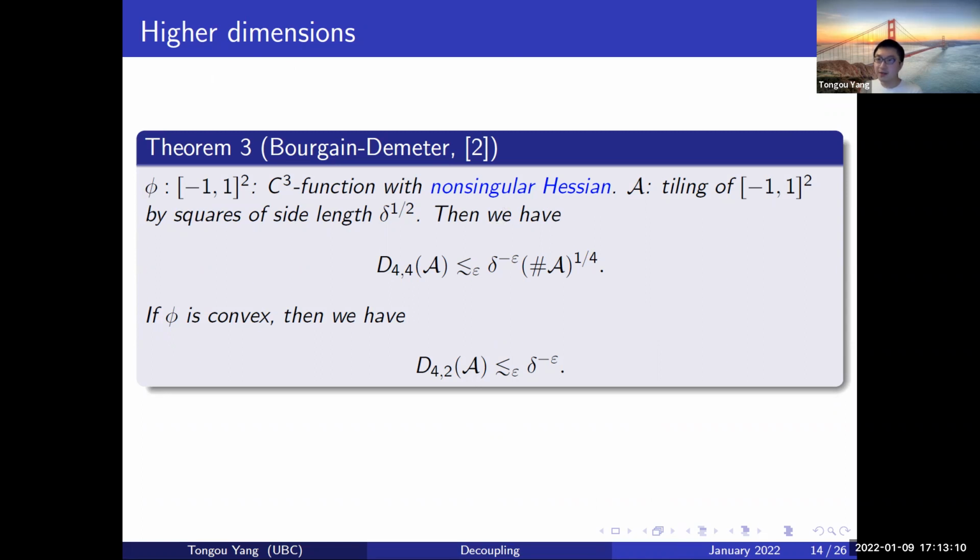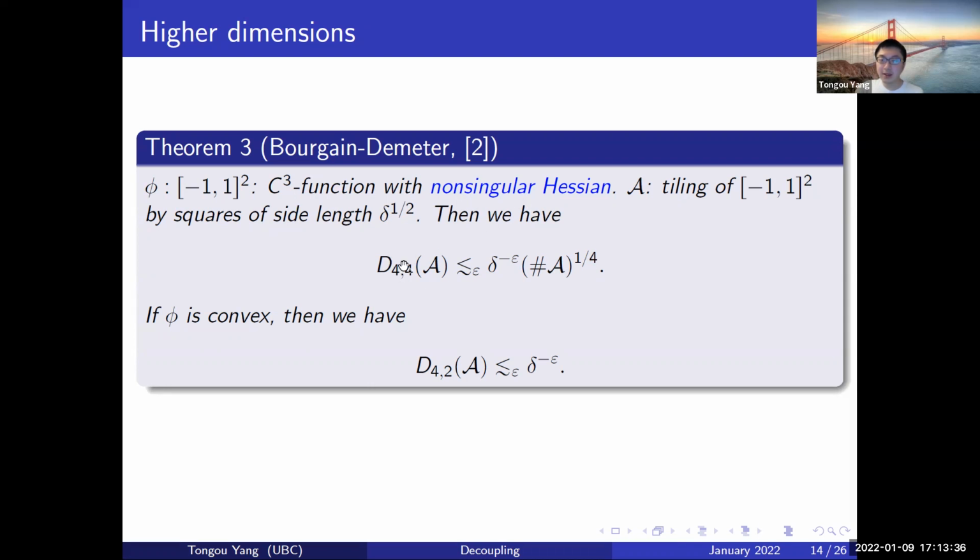So it can be positively curved or it can be negatively curved, but it cannot have zero curvature. And if we let script A be a tiling of this unit square by squares of side length delta to the power 1/2, then the decoupling constant with respect to this family is roughly equal to the cardinality to the power 1/104.